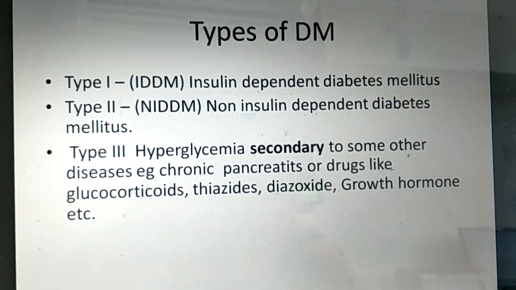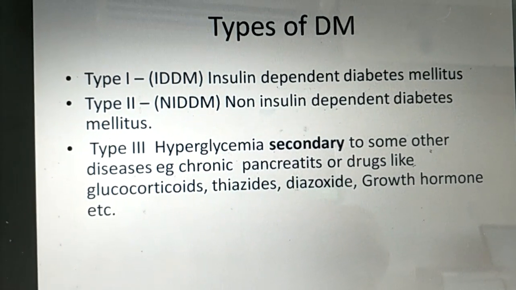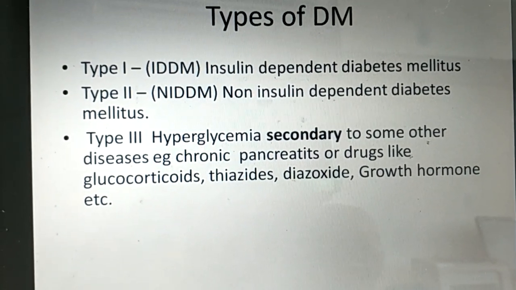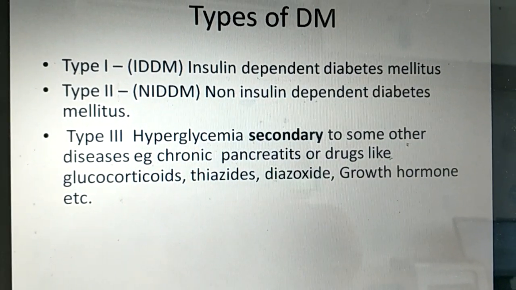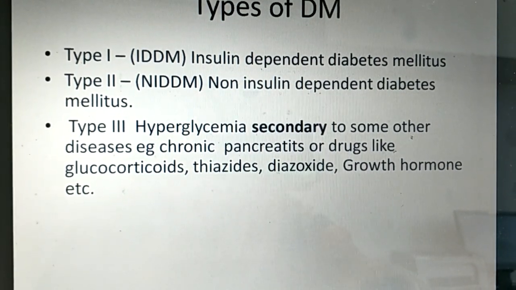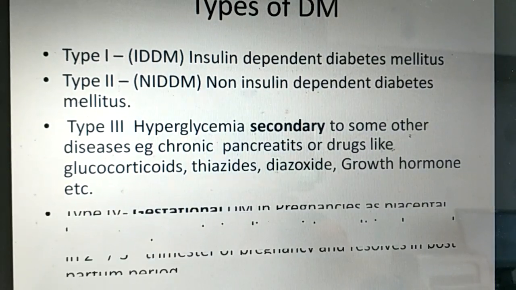Then we can say type 3 is secondary diabetes or hyperglycemia secondary to some other diseases, chronic pancreatitis, or secondary to some drugs like glucocorticoids, thiazide diuretics, the vasodilator drug diazoxide, and the growth hormones. There are many others.